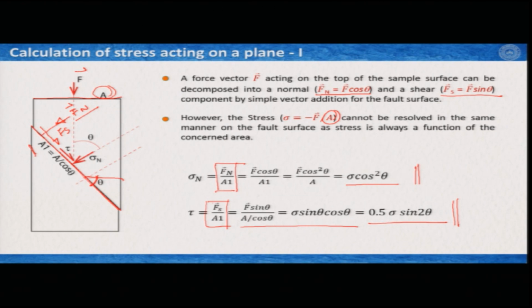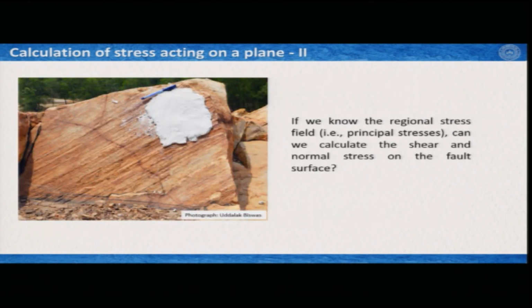The second problem we would look at is calculating the shear stress and normal stress on an inclined surface. Here I try to give you a demonstration of the problem.